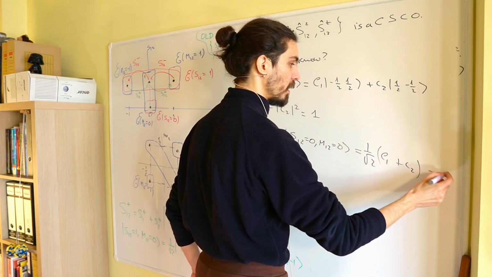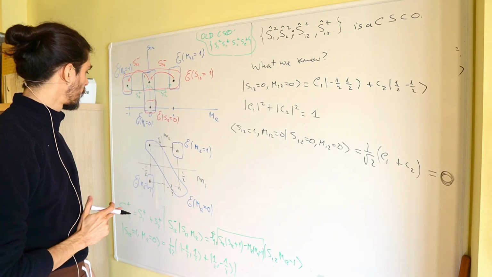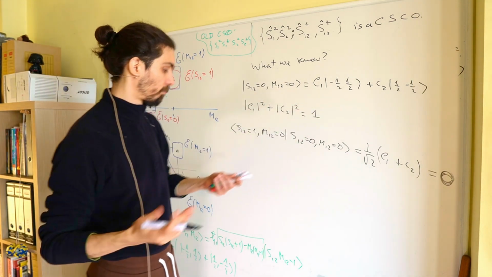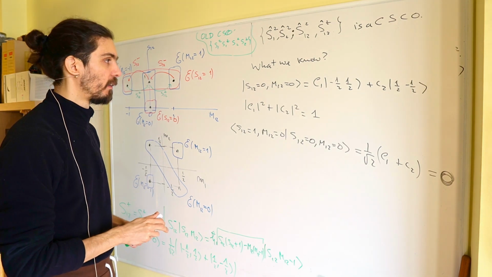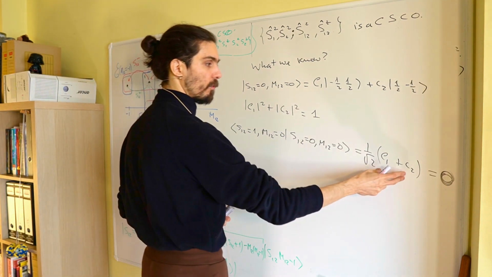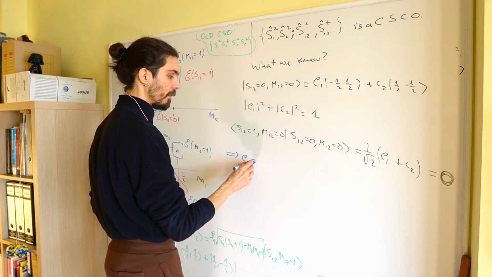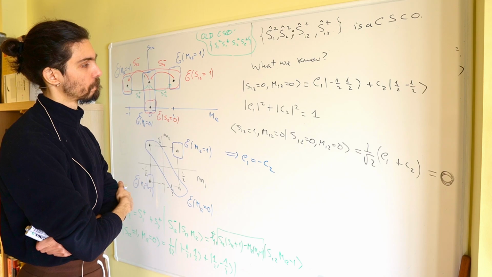And that thing must be equal to 0. I think this is enough because our unknowns are C1 and C2. We want that special combination. So let's see. From this equation, we know that C1 must be minus C2, right?